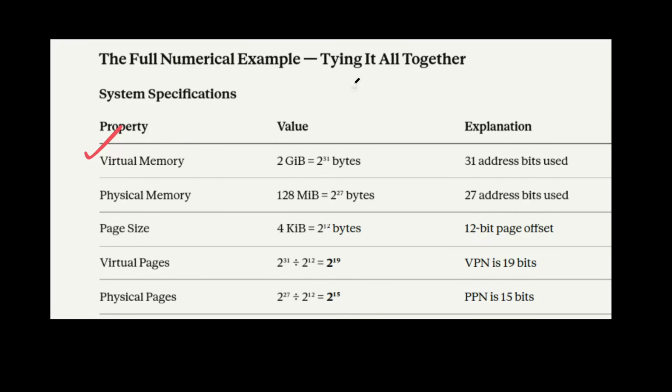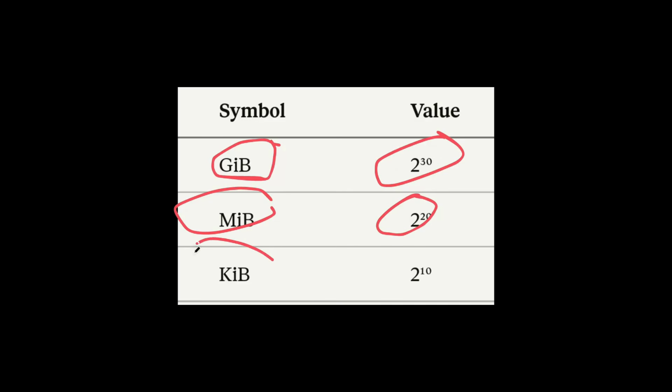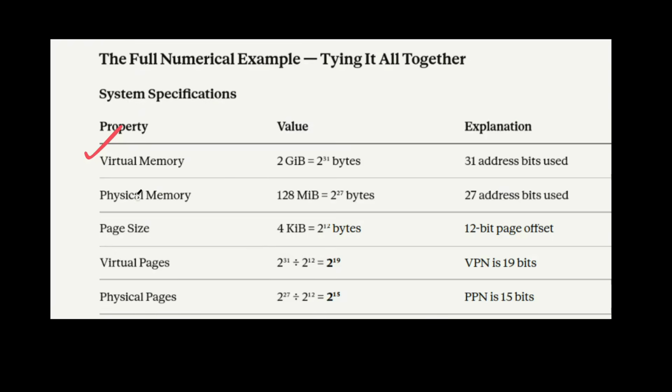GiB means 2 raised to 30, MiB is 2 raised to 20, KiB is 2 raised to 10. This you have to understand. Now, if the virtual memory has a size of 2 GiB, that is 2 into 2 raised to 30, that is 2 raised to 31.